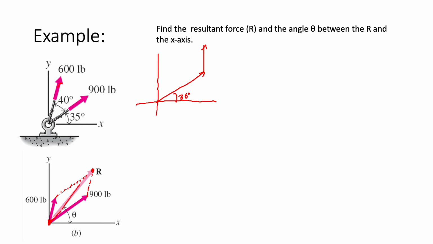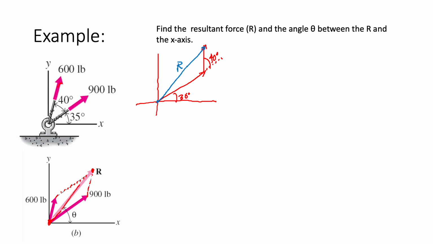Note that this is 40 degrees with the first angle. Now we can draw the resultant vector from the tail of the first to the tip of the second. So now this is our resultant vector R.